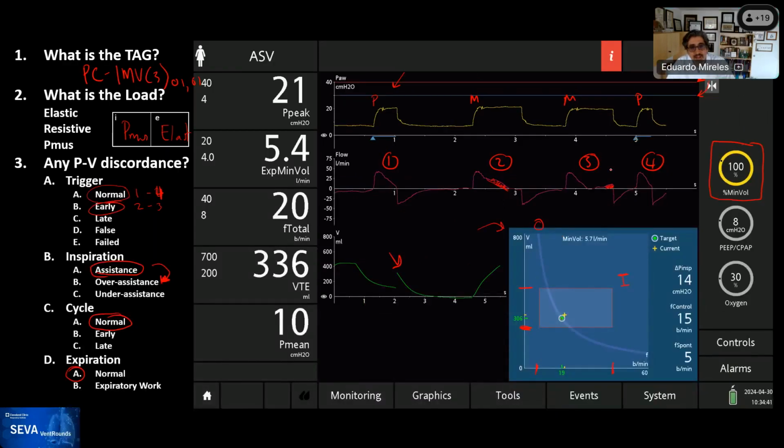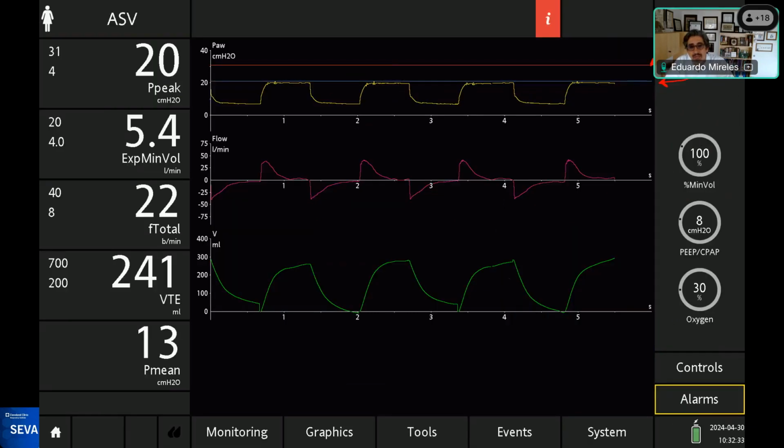And you can see that here. So just be aware of that 10 centimeter difference between the alarms. If you set an alarm at 30, the ventilator will not give inspiratory pressure above 20. So with that, I'm going to stop there.